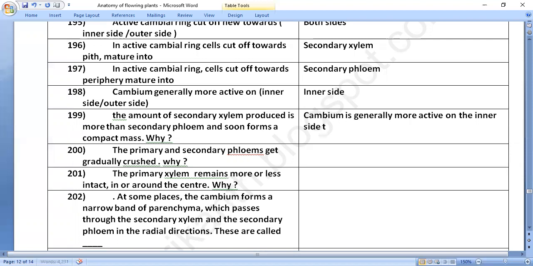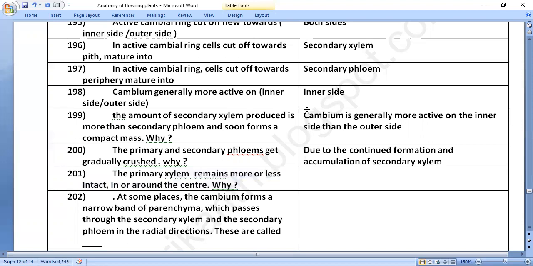That is the reason the primary and secondary phloem get gradually crushed, due to the continued formation and accumulation of secondary xylem.